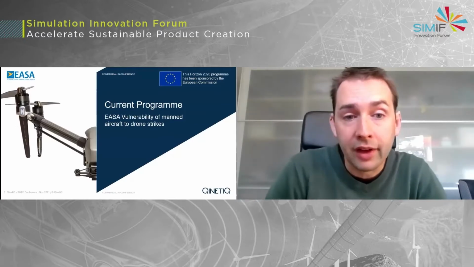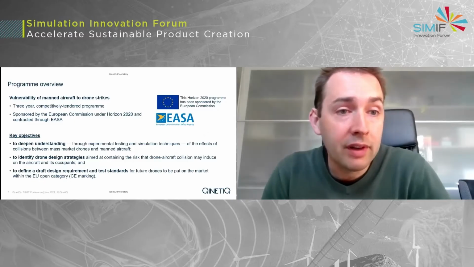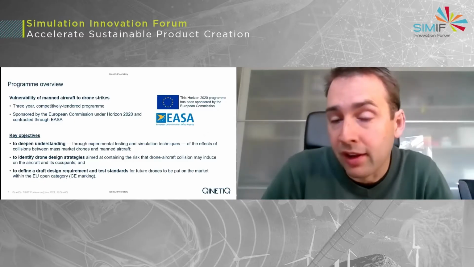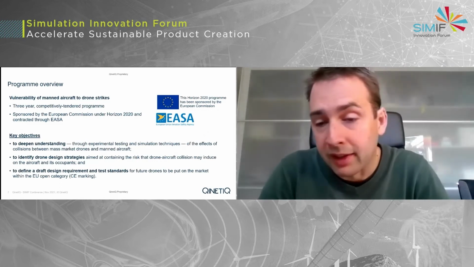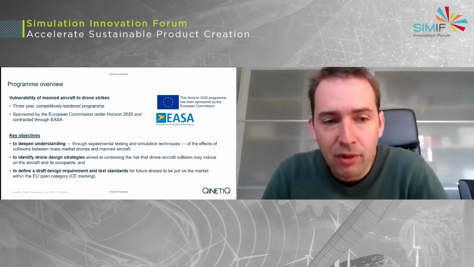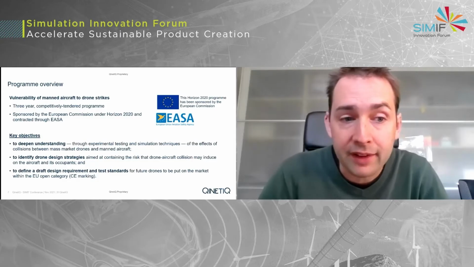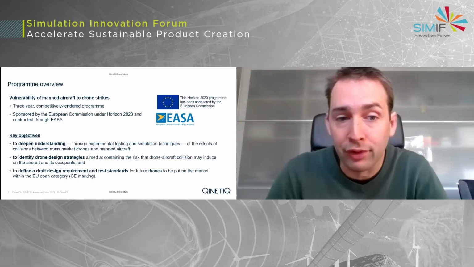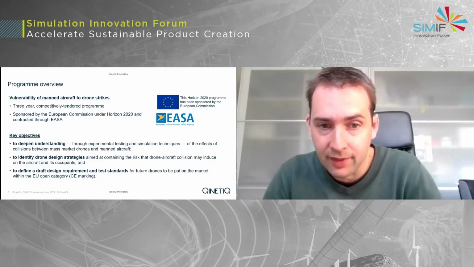So, on to our current programme for EASA. This is a 3-year programme for the European Union Aviation Safety Agency. The programme itself is sponsored by the European Commission under the Horizon 2020 framework, and the 3 primary objectives include a deepening of understanding in the effects of collisions between a range of different mass market drones and different classes of manned aircraft.